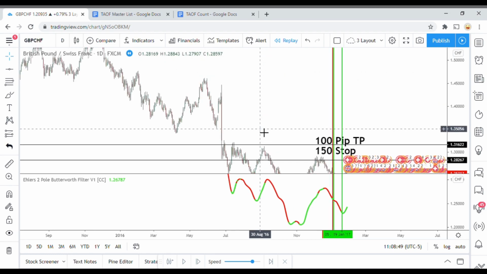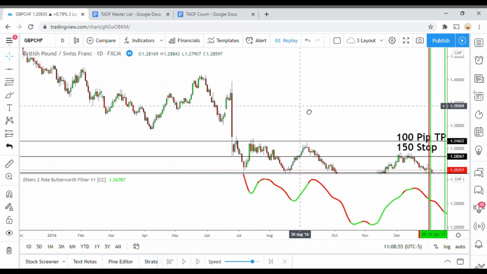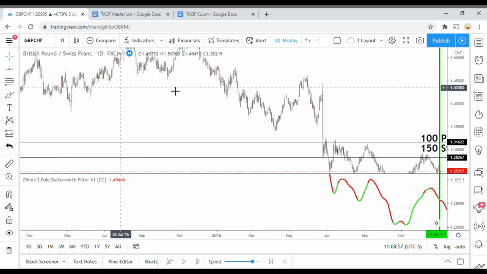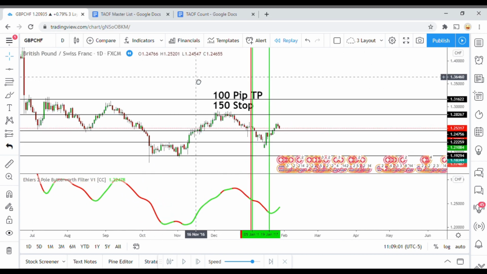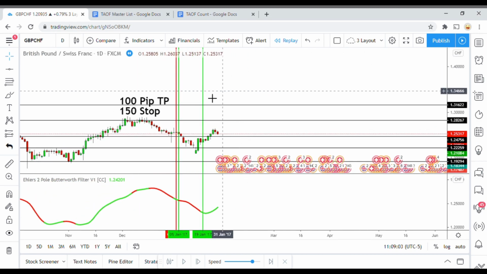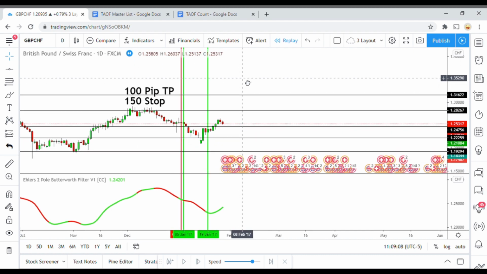If we scroll back too far, we see that we get this massive red candle back here. And then, of course, we have all this price action behind it. But anytime you're mapping out support and resistance, you kind of want to do that on the most recent price action.